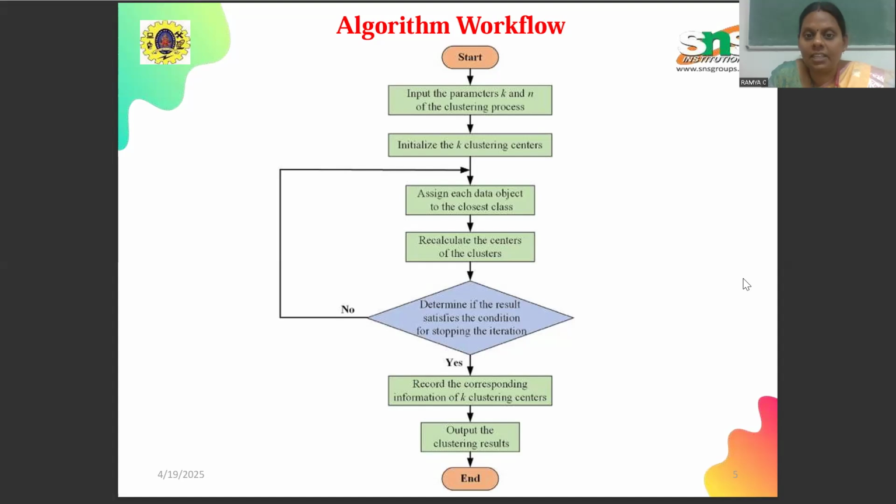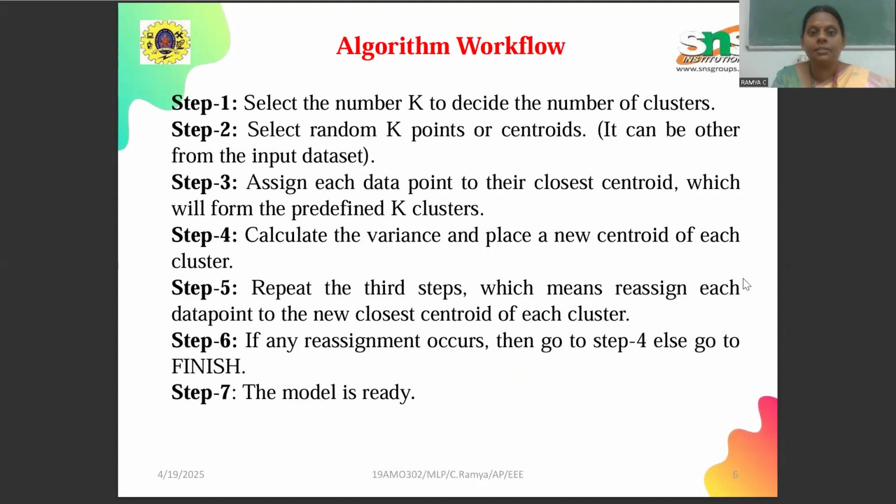So the workflow starts from the K values, we have the data points assigned to the nearest center, then calculate the clusters by means of the distance formula, and then check the conditions. If satisfied, proceed to the next step. If not, go back to the third step, assign again, and finally produce the clustering results.